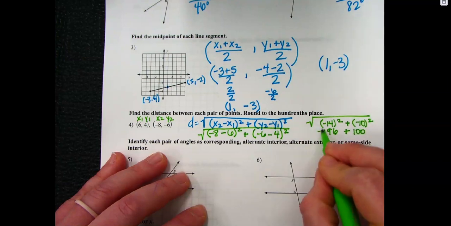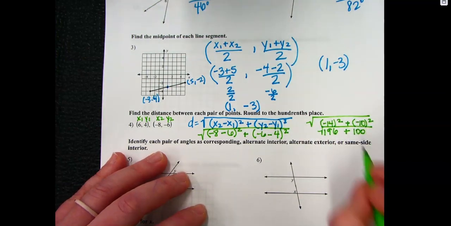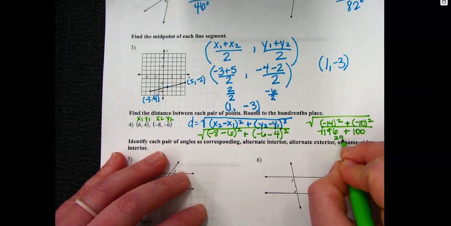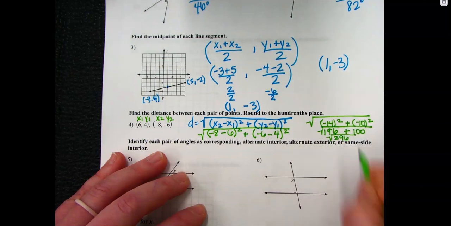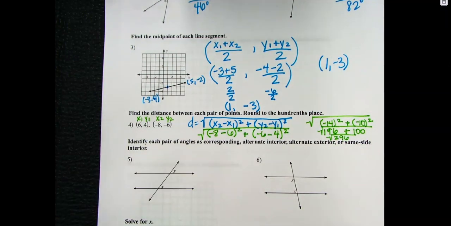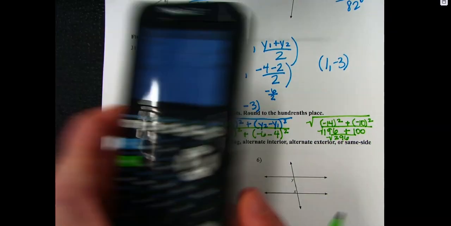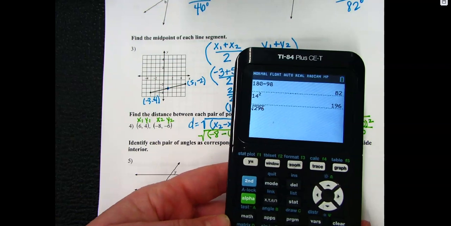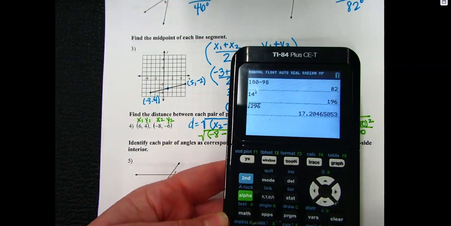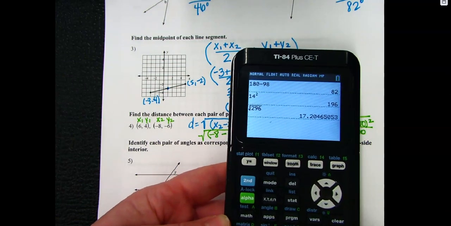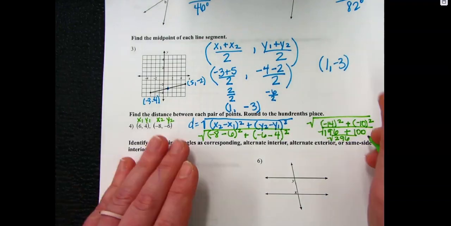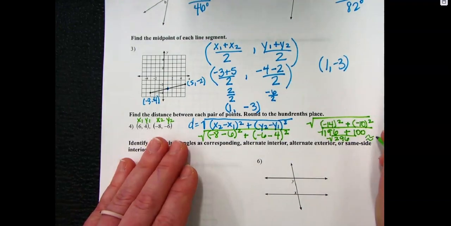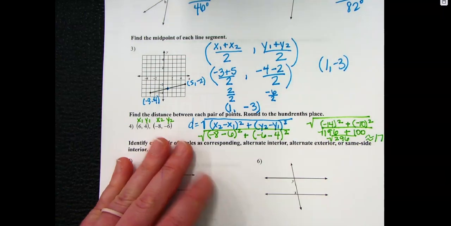This is still all underneath that radical. Together, that gives us 296 underneath the radical, and then we take the square root of 296. I'm just plugging that into my calculator off to the side. The square root of 296 gives me a decimal. It is approximately 17.2.